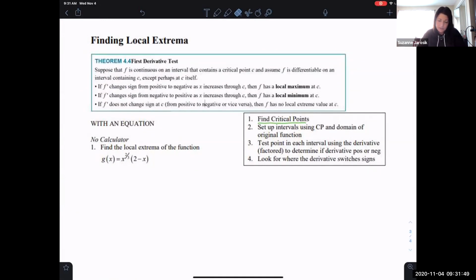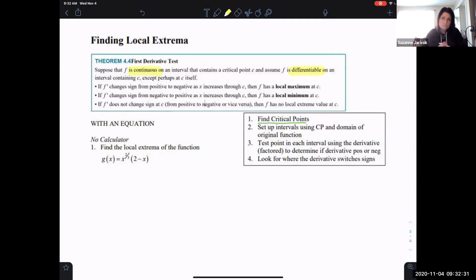Suppose that f is continuous on an interval that contains a critical point C, and assume f is differentiable on an interval containing C. If f prime changes signs from positive to negative as x increases through C, then f has a local max at C. If f prime changes signs from negative to positive as x increases through C, then f has a local minimum at C. If f prime does not change sign at C, from positive to negative or vice versa, then f has no local extreme value at C.